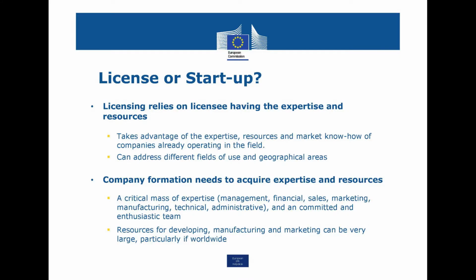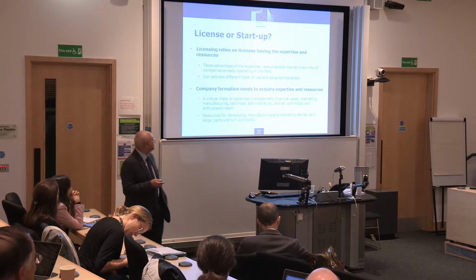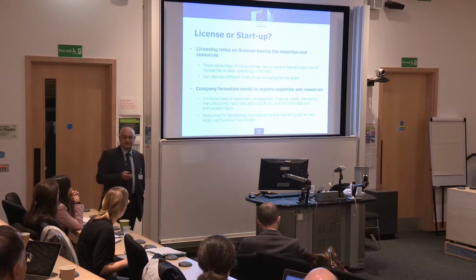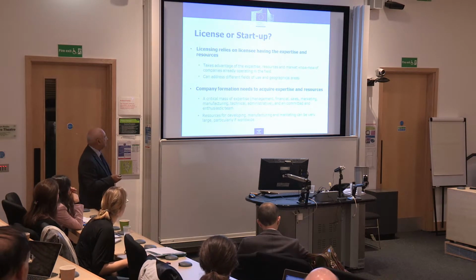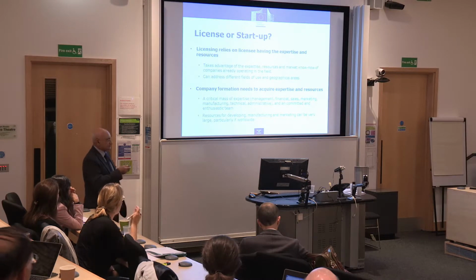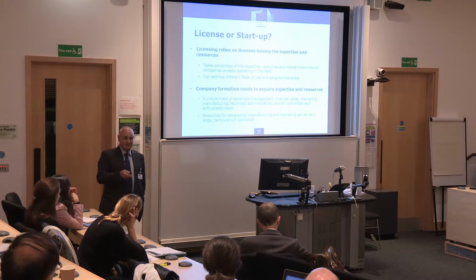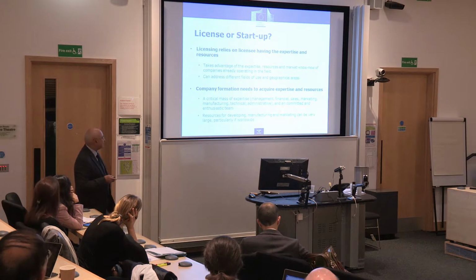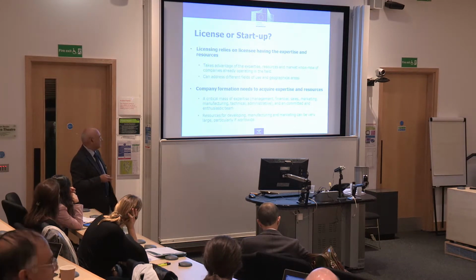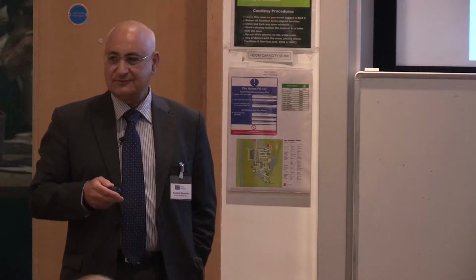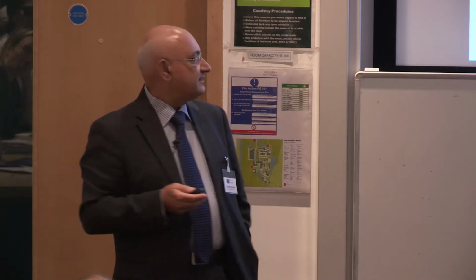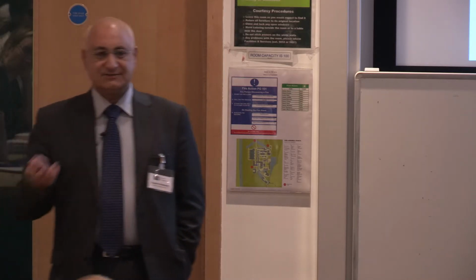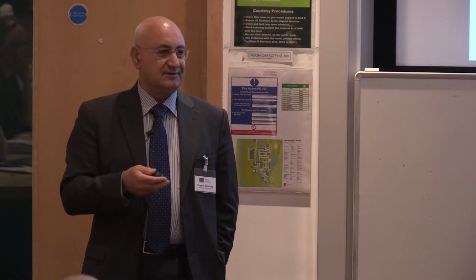So again, licensing relies on the licensee having the expertise and the resources to take your technology to market. So you can address different fields and find the best person for different areas. But company formation means you have to acquire that resource. It means you have to acquire the expertise and the resource, and you probably only have a part of it in the inventor.